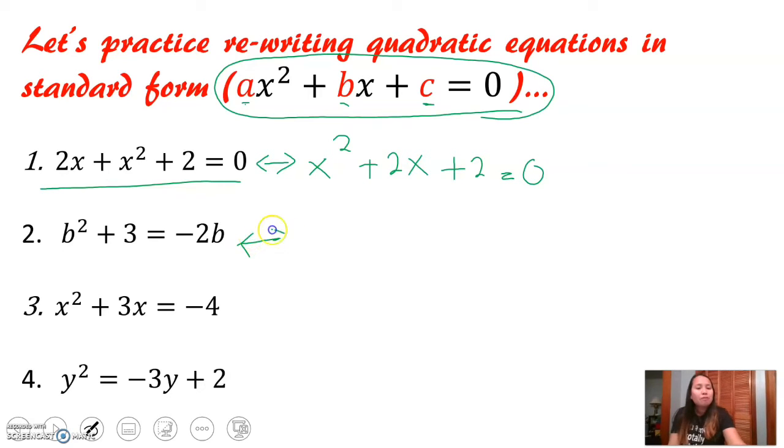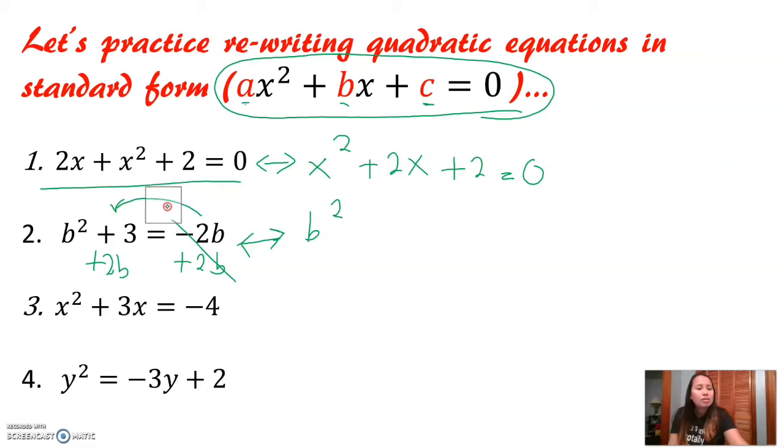Now please be careful with the signs, all right? So I'm going to start with b squared first. Since negative 2b is on the other side of the equal sign, I'm going to move that to the other side, okay? By simply adding plus 2b here to cancel it out, minus 2b plus 2b, that's actually 0, okay?